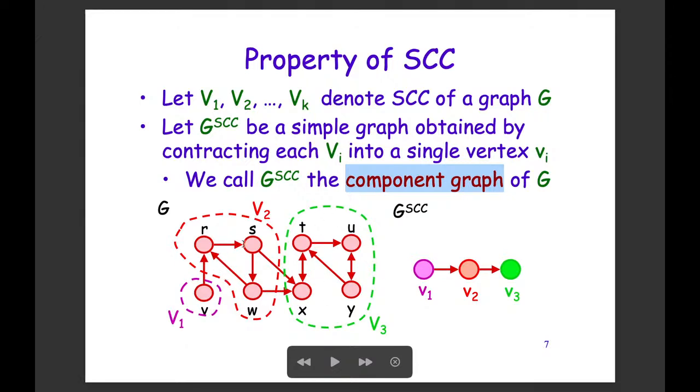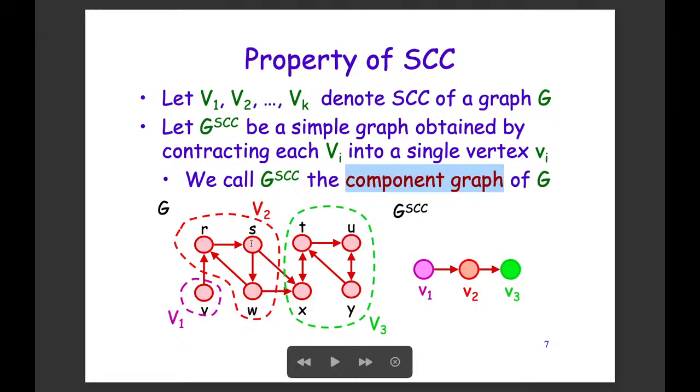Now if the first one to be discovered appears in this red component, then by the time it is discovered, all these vertices are white. So in that case, this vertex, by using the DFS, will reach every vertex here during its DFS search.